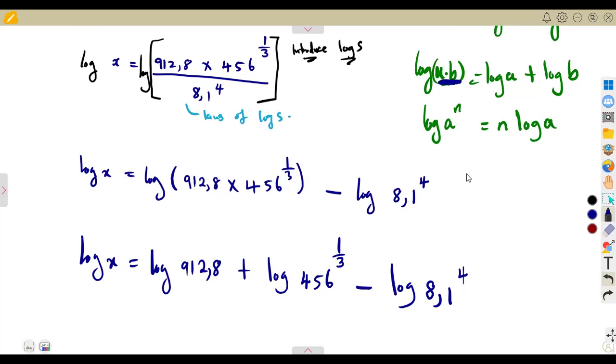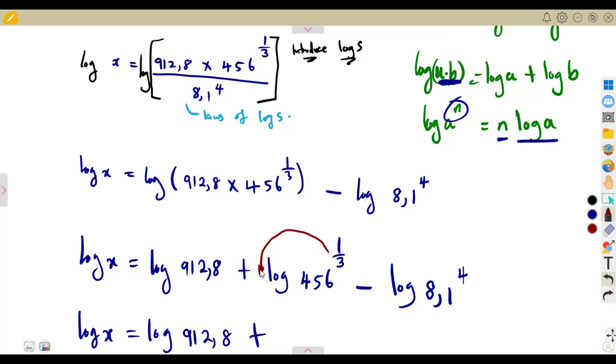The last law you are left with is that whenever there's an exponent, you drop this exponent to multiply the log. The exponent is a number which was multiplying a log. So the log of x is equal to, here there's no exponent, so just rewrite as it is, the logarithm of 912.8 plus, on this one there is an exponent, so I drop this exponent to multiply the log.